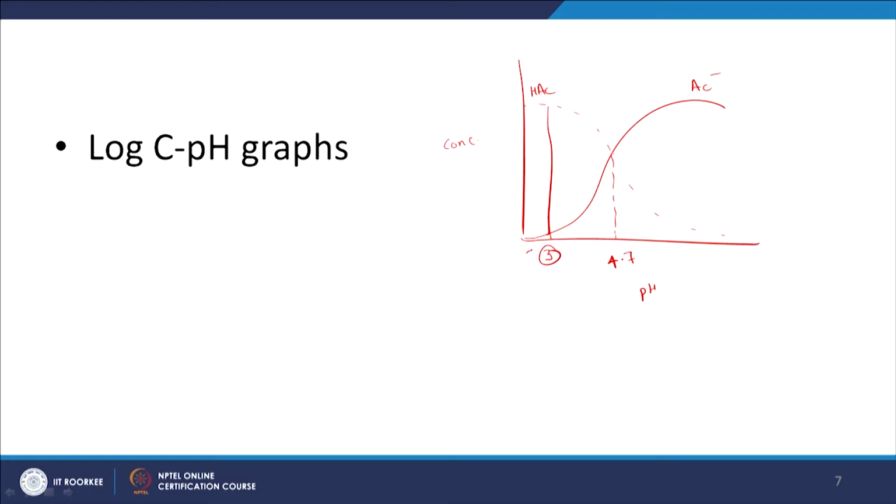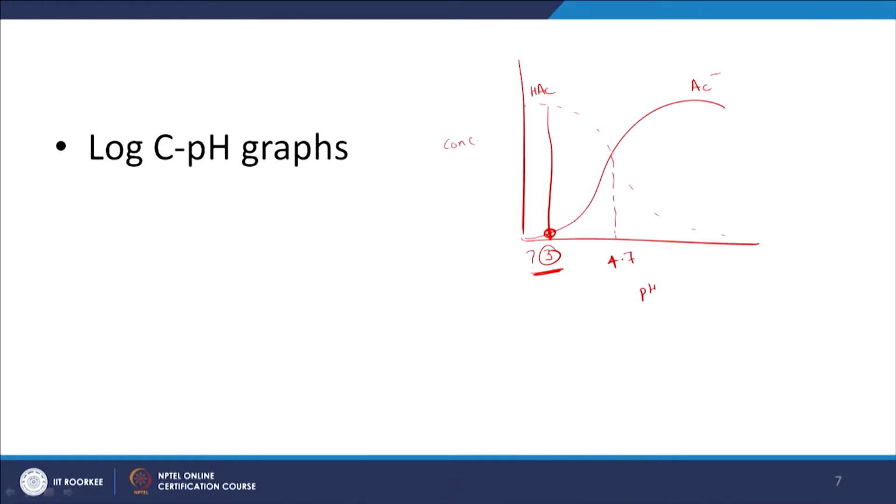So this is your target. What does that mean though? Because again I am trying to use graphical representation to help you understand. As you see here at the graph, at that particular pH almost all of your acetic acid will stay in its protonated form, or HAC. So very little is going to be dissociated into AC minus.